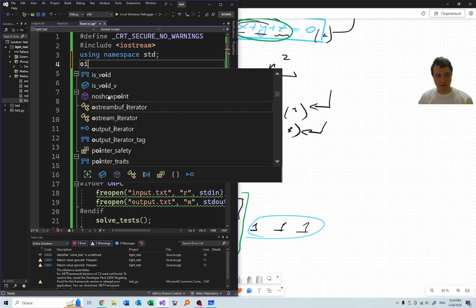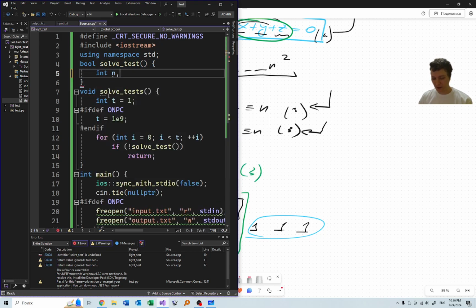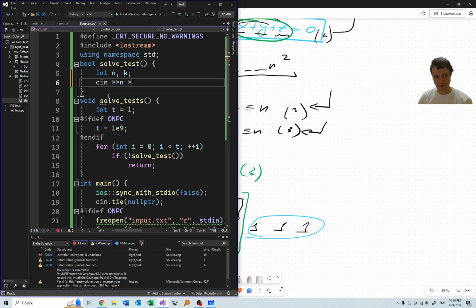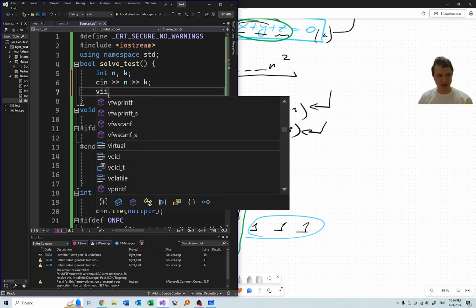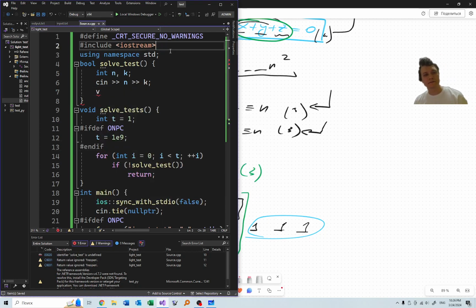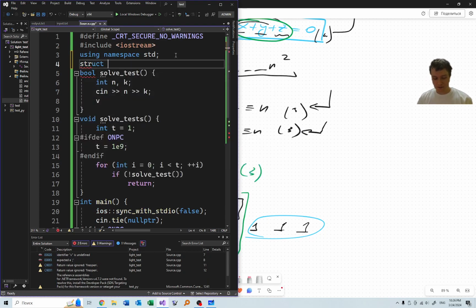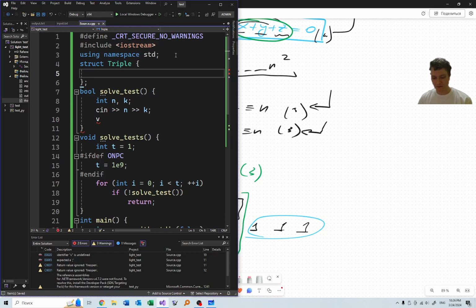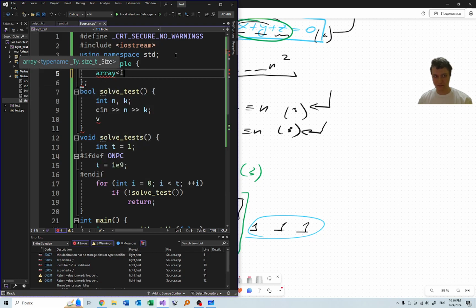Okay, now void solve, bool solve test. And here we only need to read n and k. We need to take PII. Okay, actually, let's make a structure. Triple, which consists of three numbers.